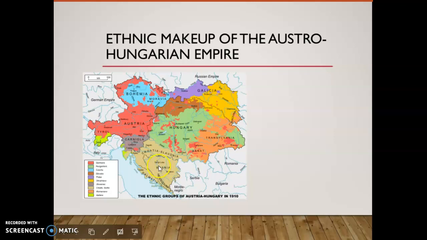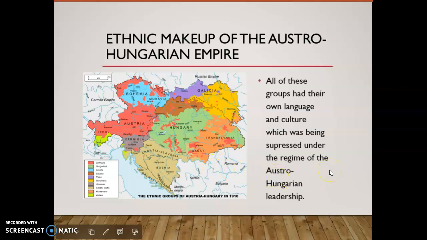But when you look at the Austro-Hungarian Empire, look at all the different ethnicities that they have within that empire. So you can imagine that there's not only a lot of diversity, but there's also probably a lot of tension there. So all of these groups had their own language and culture, which was being suppressed under the regime of the Austro-Hungarian leadership.